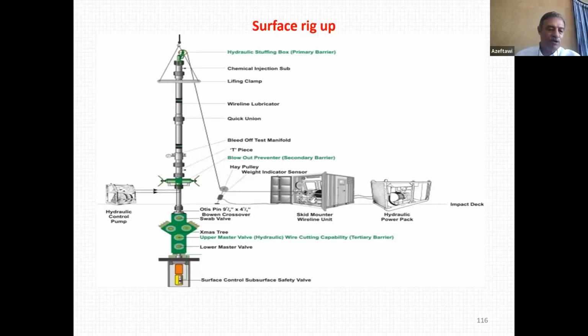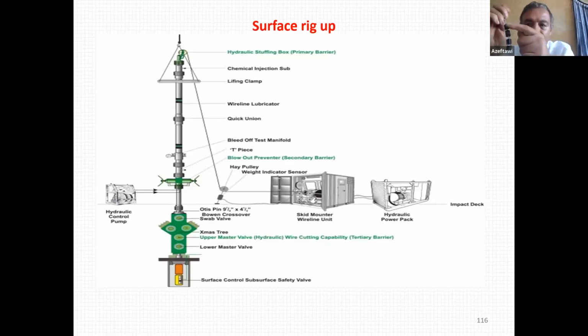Because if you are working on H2S well, and you use packing, which is standard service, what will happen during the job? The H2S will eat your rubber and you might have a blowout.